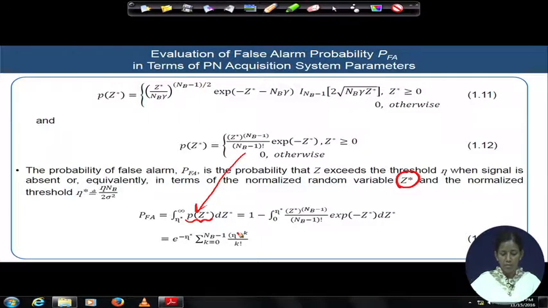So, it is the exponential expansion that is coming into this pattern, and with that we will end this module with the understanding of the probability of false alarm.